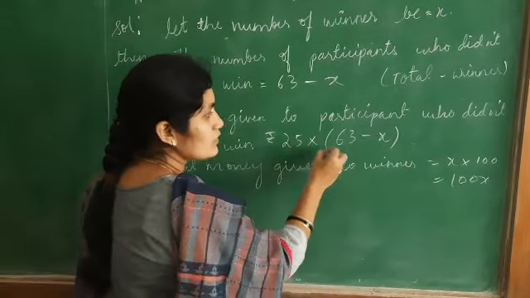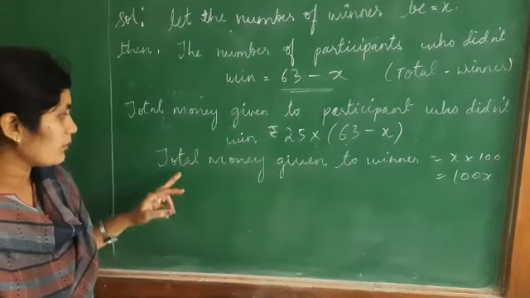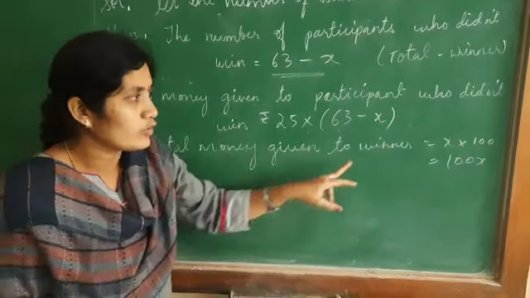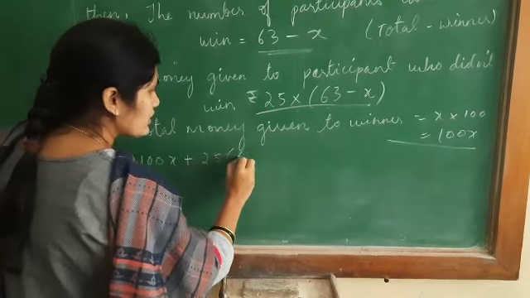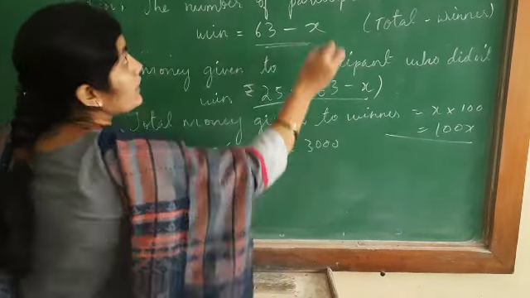So 63 minus x is their number, and 25 is the rupees given to them. Total money given to winners is x into 100, that is 100x. Now we should sum these two. So that is 100x plus 25 into 63 minus x gives you 3,000, because this is the total prize amount which is distributed over winners and non-winners.